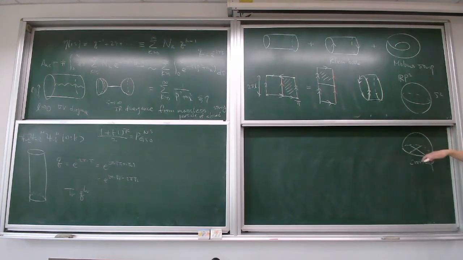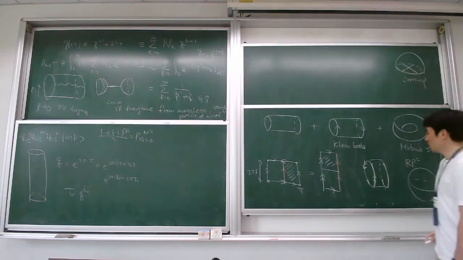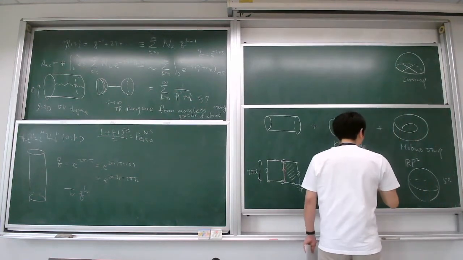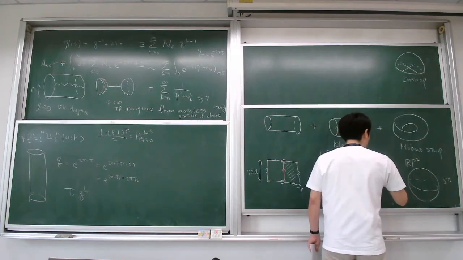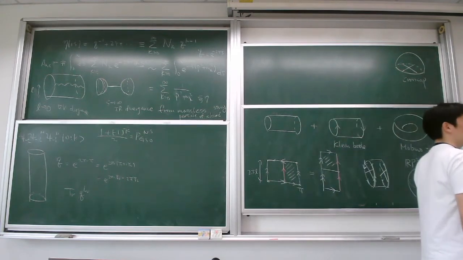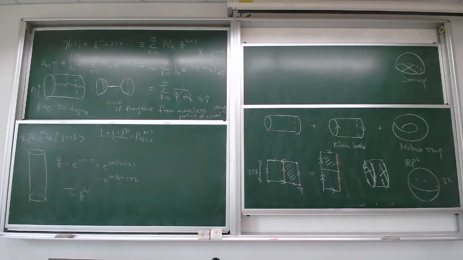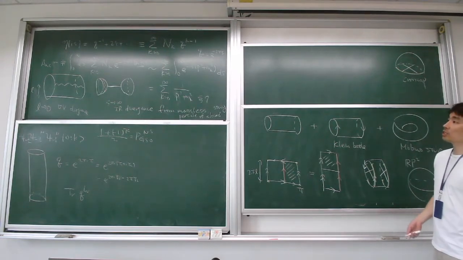This is called a cross cap: this point is identified with the antipodal point, and this point with its antipodal point. You just write down this X mark for the cross cap. That's another way to see the Klein bottle.